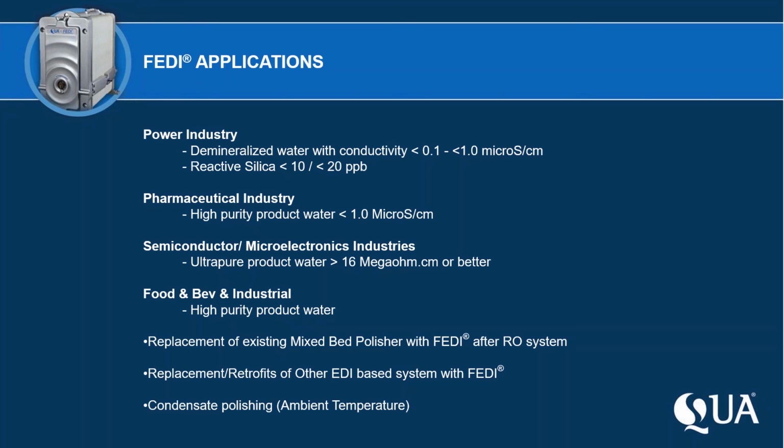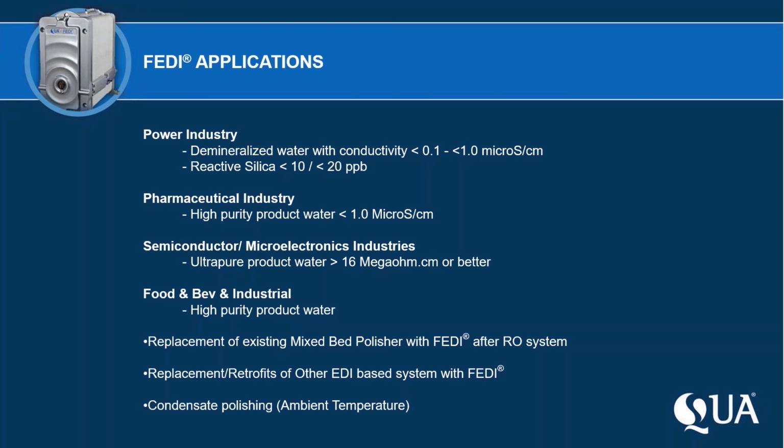So all EDI applications today that I know of typically require RO, either single pass or double pass, as pre-treatment. But I think we will see a few things in the near future where, with robust technologies like Fedi, there could be other applications out there that don't need RO, but that's a presentation for a different day.